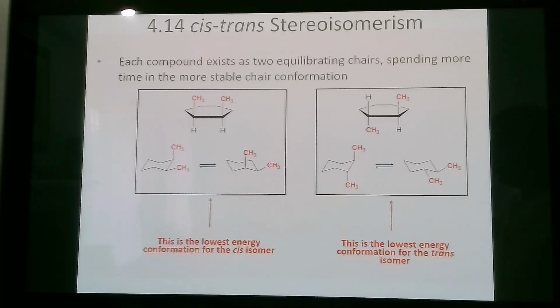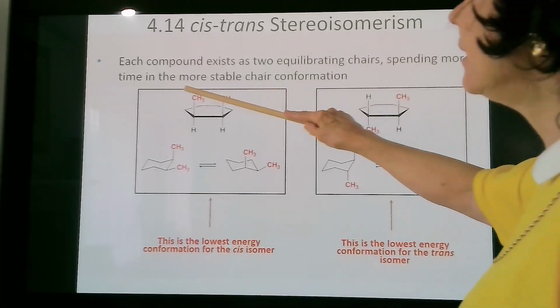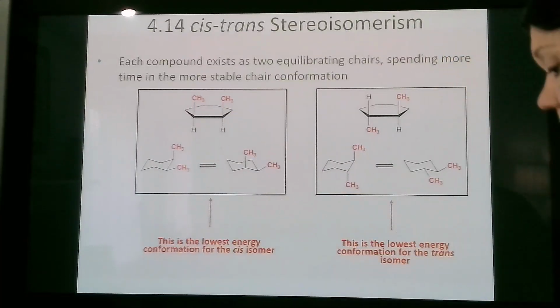And you can think of it as like Trans-American Highway or something like this, across America. Trans means across. And so that's what it means here. These are trans. They're across the ring. Here, cis just means next to each other.